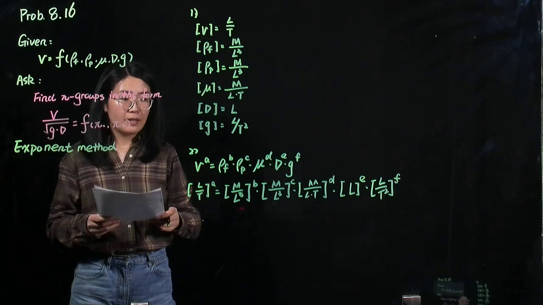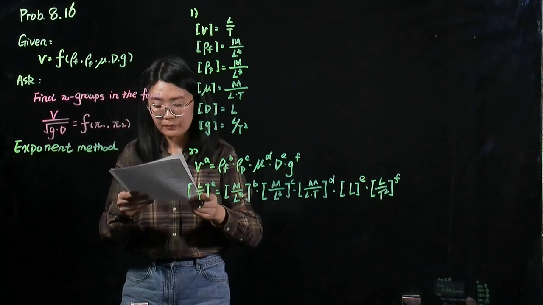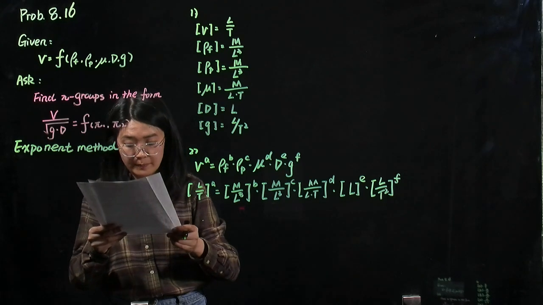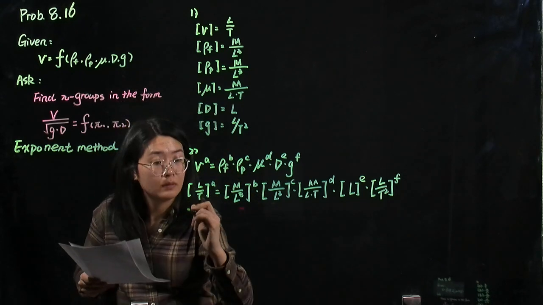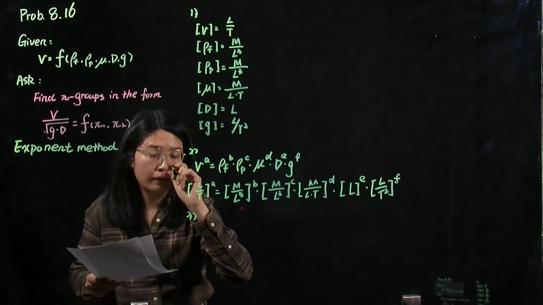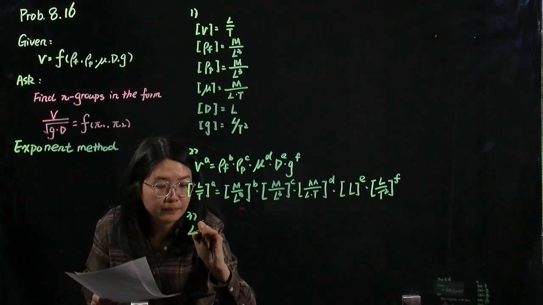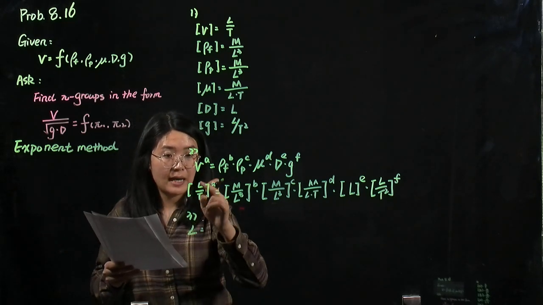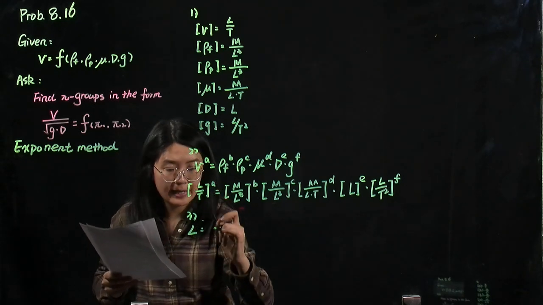Okay. Then for each dimension, for the L, on the left-hand side, the power of L is A, right?